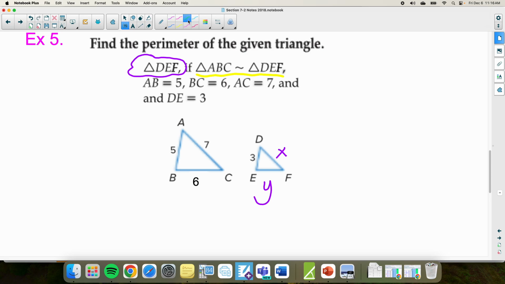Now, when you look at what sides are corresponding, notice AB are the first 2 and DE are the second 2, so these 2 correspond. Notice that BC down here is the last 2, so that's going to correspond to EF down here.